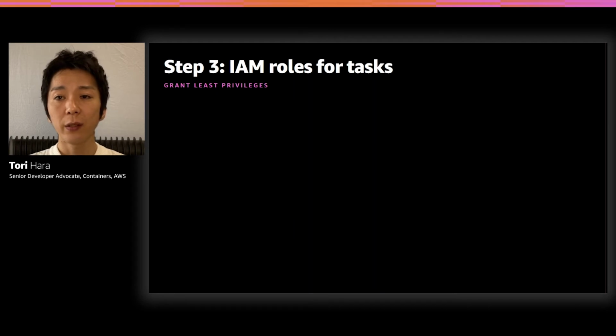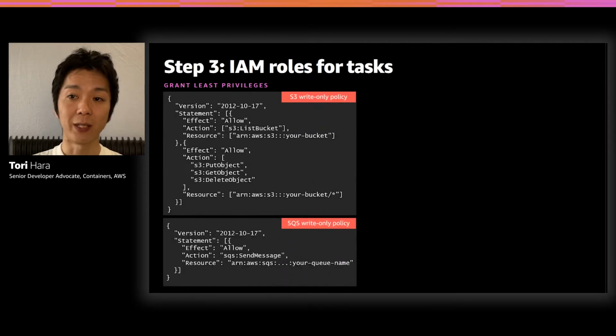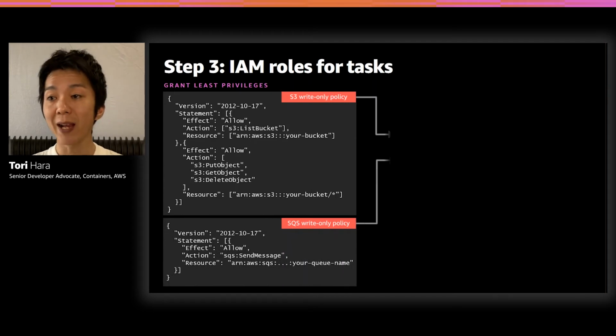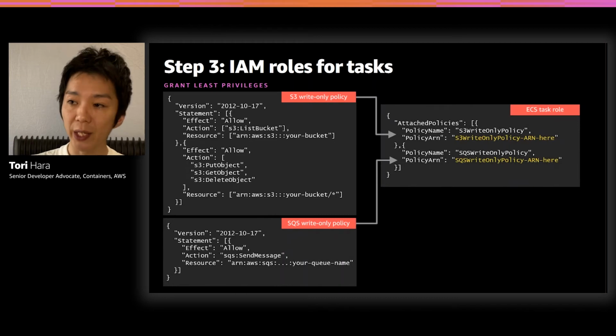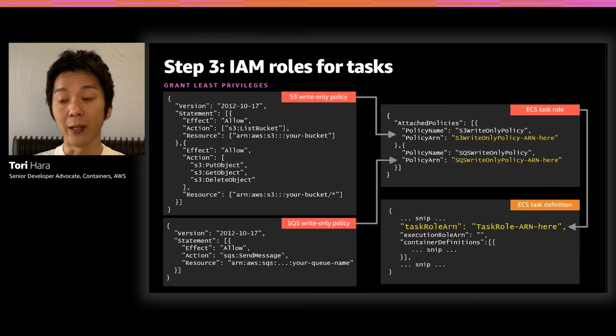So you asked your coworkers to know what the actual necessary permissions for the applications are, and created modest policies which grant least privileges. Then you attach those policies to a newly created IAM role, which was specifically created for the ECS tasks. Then finally, you reference them in the task definition.